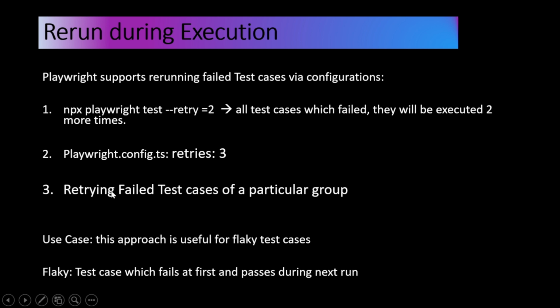At that point of time, we can implement retry logic at that particular group level as well. So what is this use case about, and when should we use it? This approach is useful for flaky test cases. Suppose we have a flaky environment and we are interested only in the functionality of the feature. We are not interested in the stability of the environment. At that point of time, we can go with this particular approach.